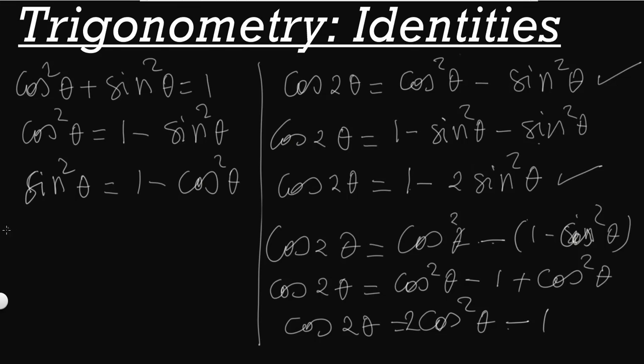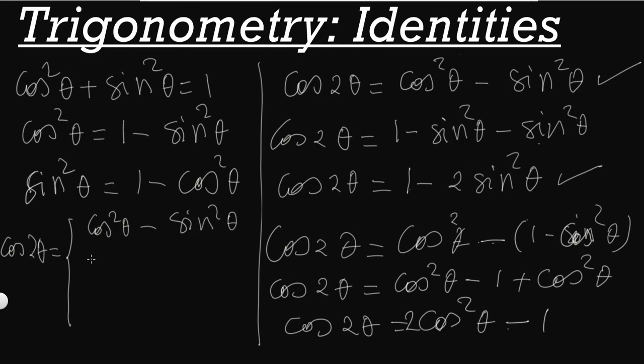We remove the bracket. Here will be minus 1, sorry, plus cos squared theta. So cos 2 theta can be 2 cos squared theta minus 1. So the identities we have for cos 2 theta: the first one is cos squared theta minus sin squared theta.